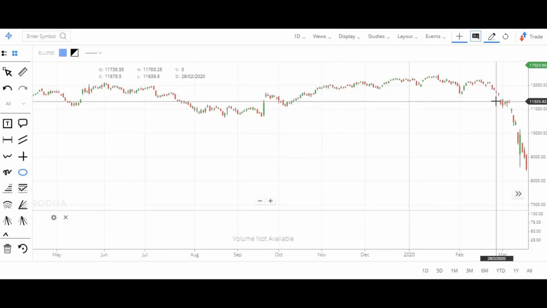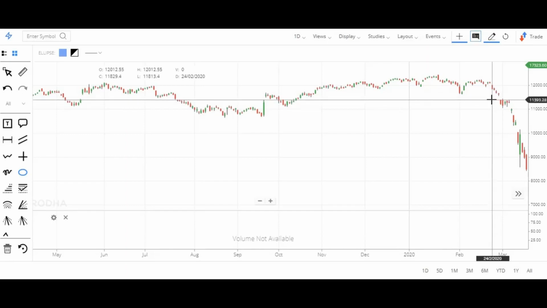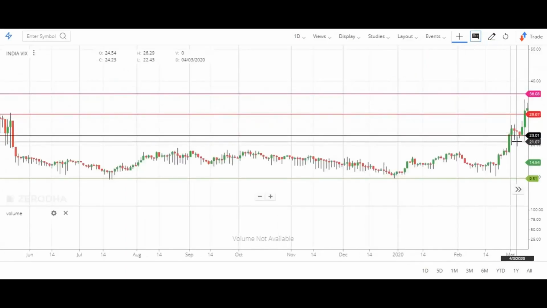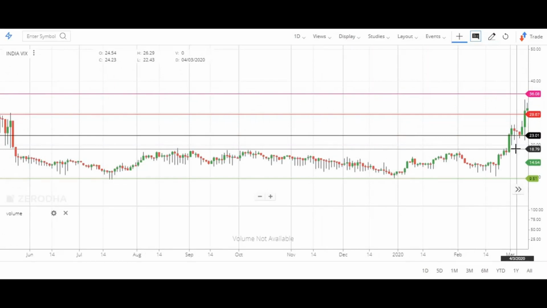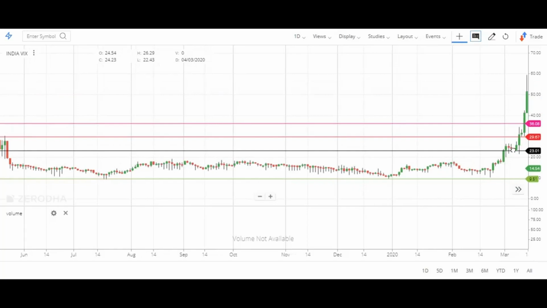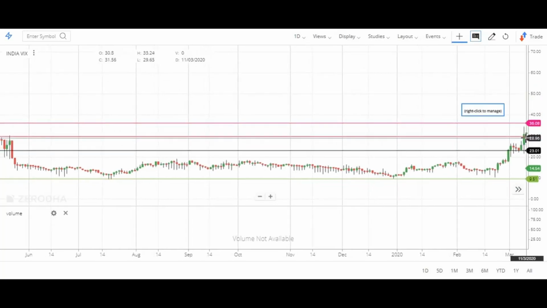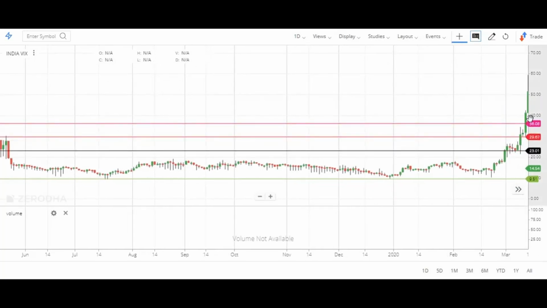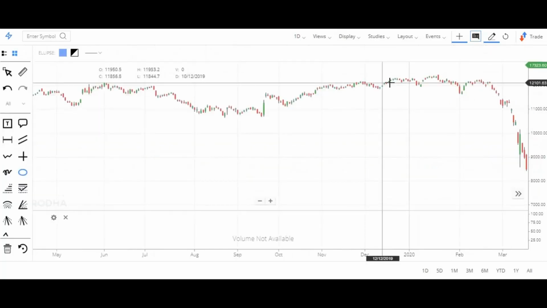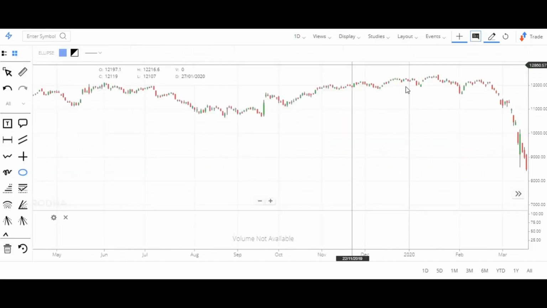So any close above 23 or any sustenance of VIX above 23 was going to bring an insanely heavy up move for VIX, which means a good down move for Nifty. And then in a few days, it went above 30, and in just a couple of days, it went above 36. So this was a clear indication that Nifty was going to fall. And what happened then? The VIX went up, the Nifty went down.